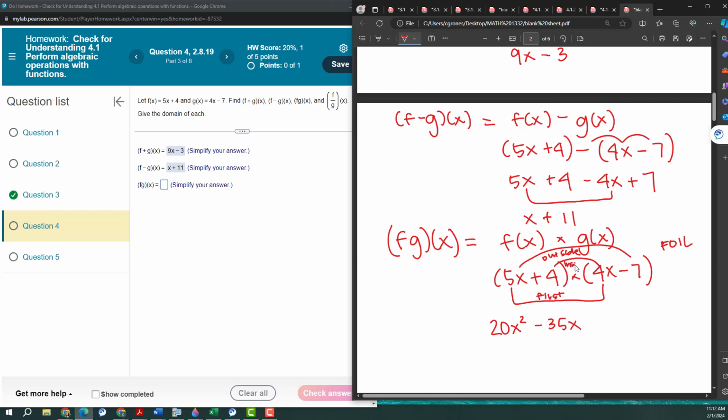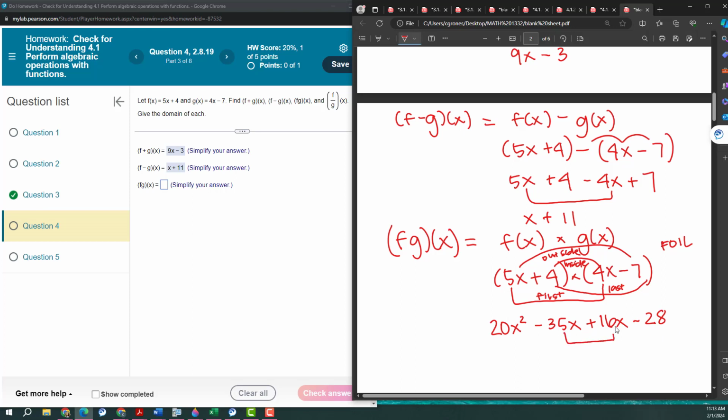Inside, 4 times 4x gives us a positive 16x. And then last, 4 times negative 7 is negative 28.